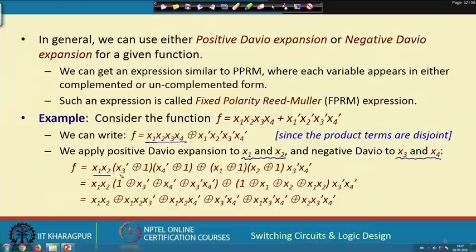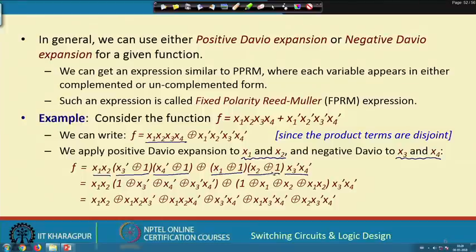So, x3 we replace by this, we bring in a bar, and x4 we do this, we bring in a bar, x4 bar. Similarly, for the other side, x3 bar x4 bar are already bar. So, we leave them as it is, but x1 we make it uncomplemented, x2 we make it uncomplemented.